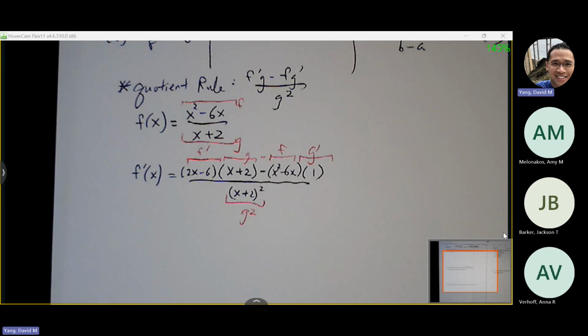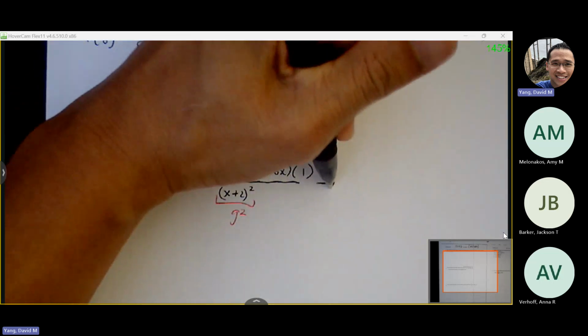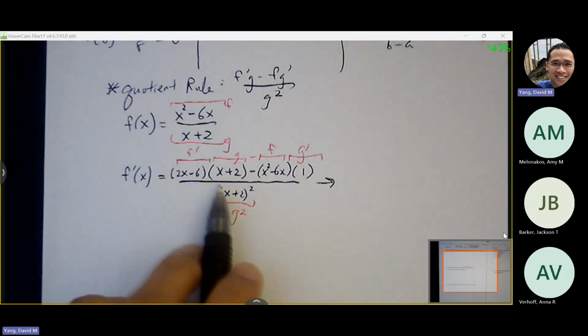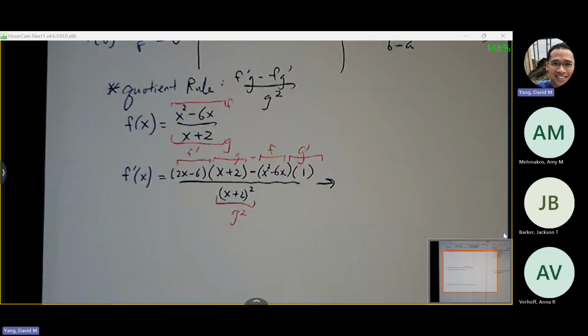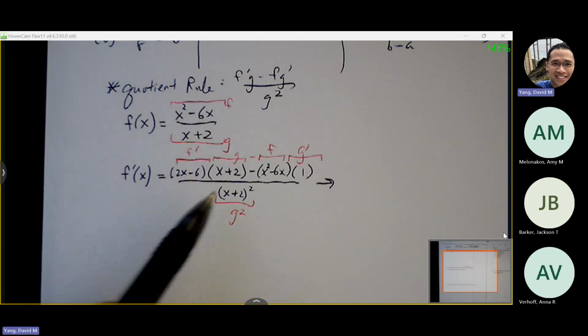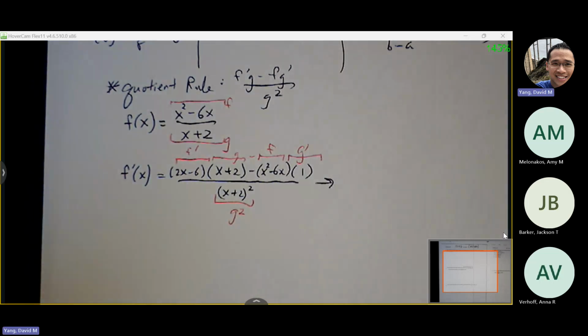Okay, f prime times g minus f times g prime all over g squared. So we can expand this out. Make sure you don't ever cancel the denominator. The denominator is usually going to be untouched, and we don't want to mess with the denominator. It's usually just the numerator that we have to worry about. We usually are not able to do anything with the denominator.